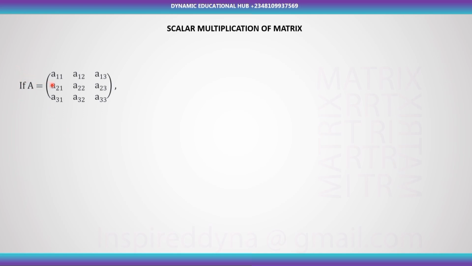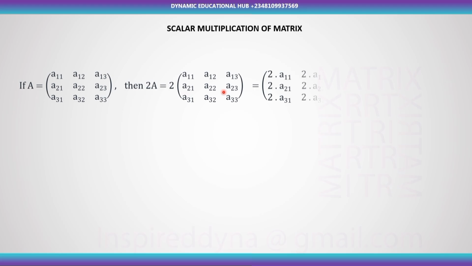If A is equal to this, then 2A is going to be 2 multiplied by the matrix A, which implies that we are multiplying 2 by all the elements of A. So 2 times whatever value we have in this position, 2 times whatever value we have in this position, that is what we have here. That simply means the scalar multiplication of matrix.